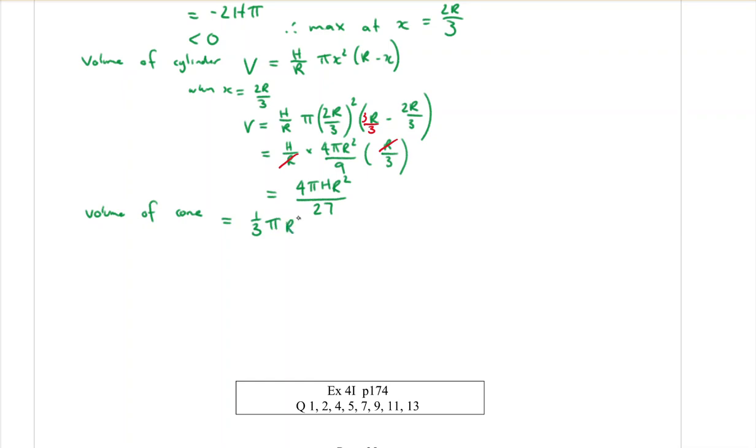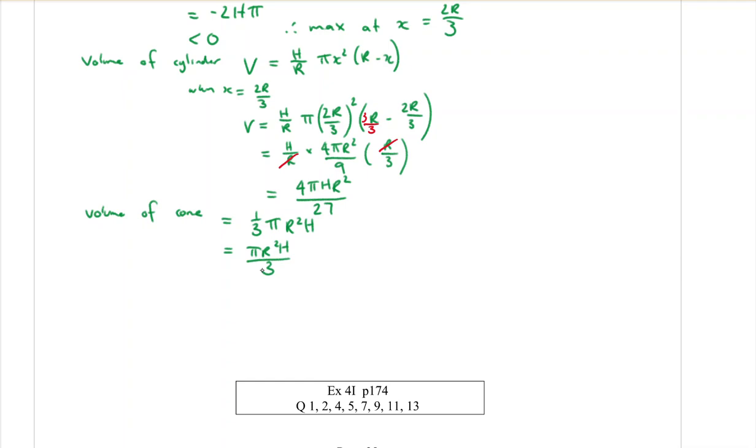Capital R was the radius of the cone, and the height was the capital H that we've been using. Sub in our value for, well, we need, what do I need? I need to compare it with the other one. I need pi, actually I think I've got it already. I've got pi r squared h on the top, and I've got a 3 on the bottom.